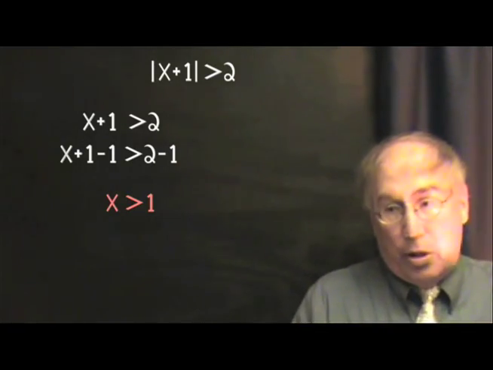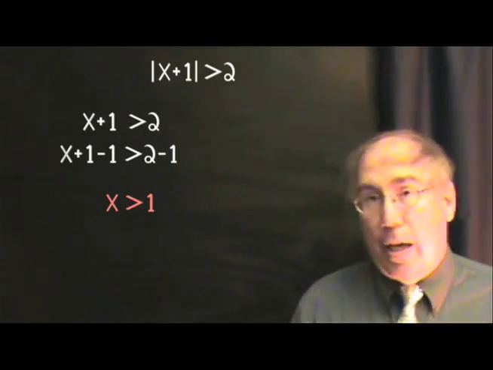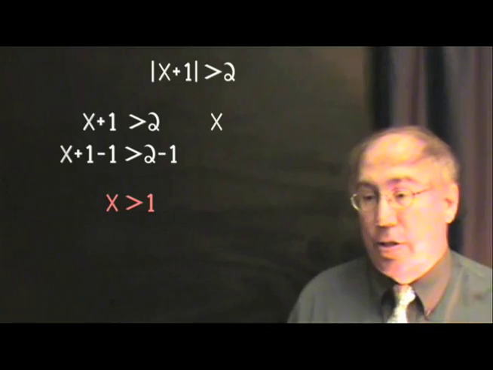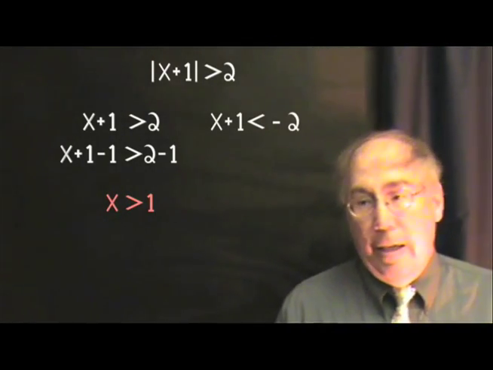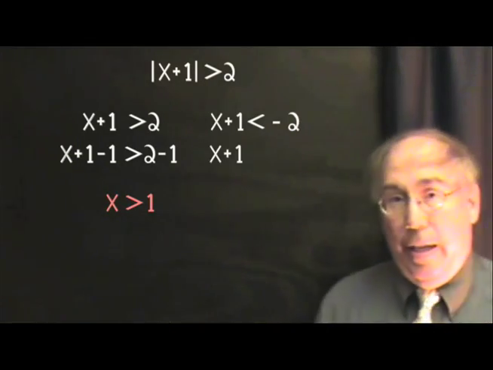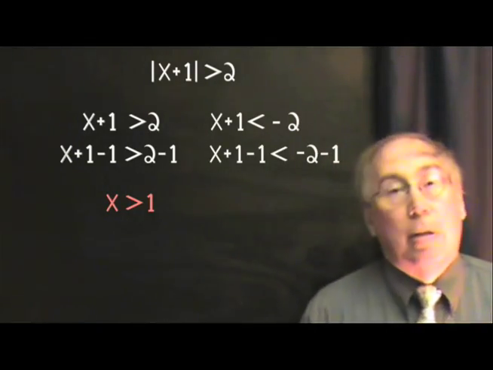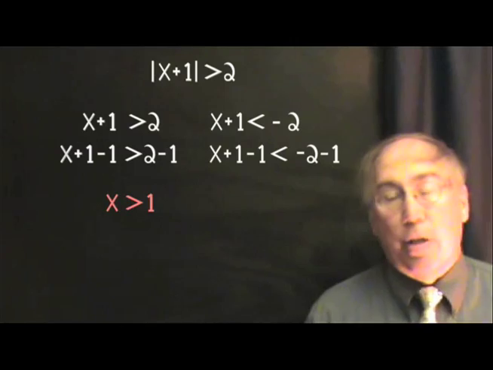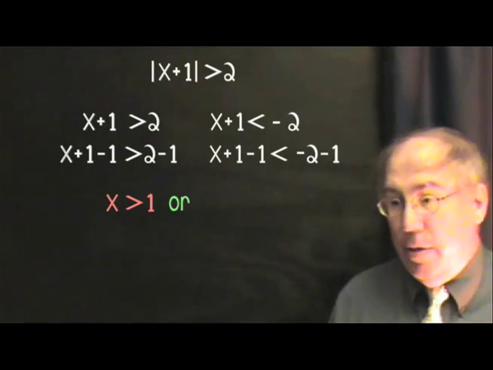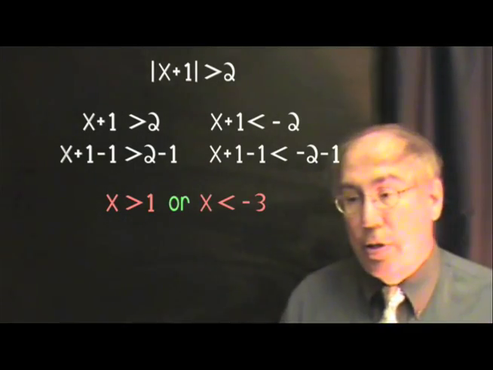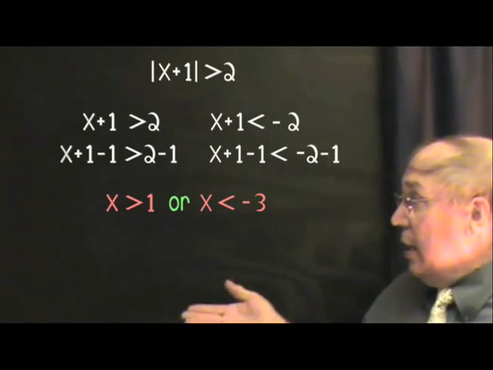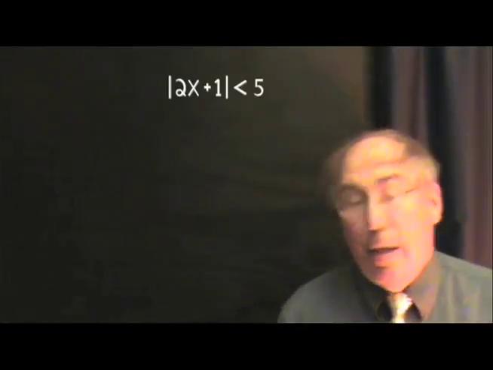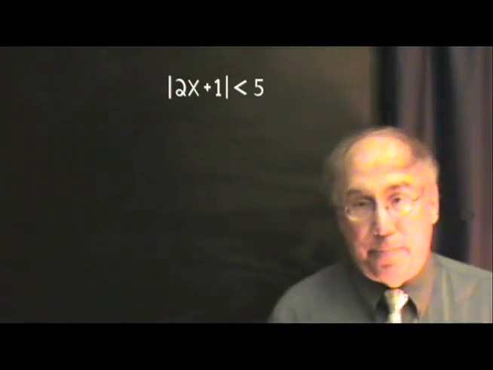Let's just work this side, and we subtract 1 from both sides, and we get x is greater than 1. Let's do x plus 1 is less than negative 2. We'll subtract 1 from both sides, and we'll get, for the rest of our answer, x is less than negative 3. So x is greater than 1 or x is less than negative 3 is our solution set.